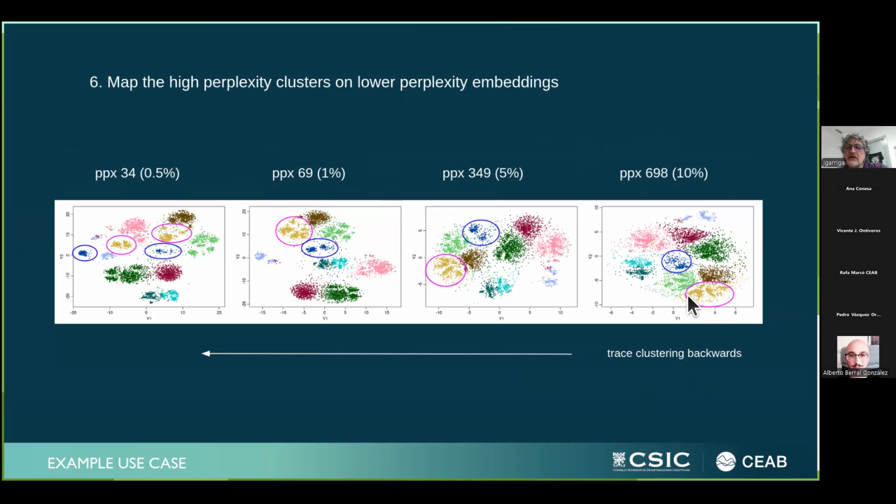And then we observe things like, for instance, this blue cluster here that ends up being two different clusters here, that might seem like something different, but they are not so different when we observe them here, looking at the global structure.